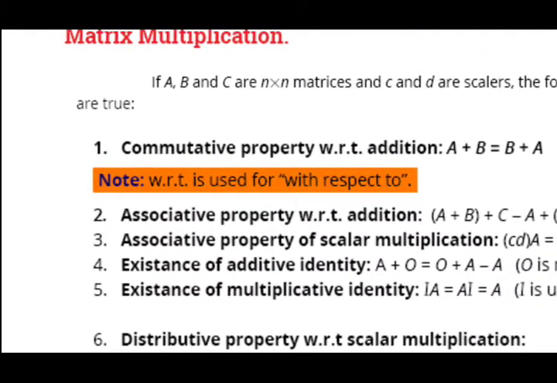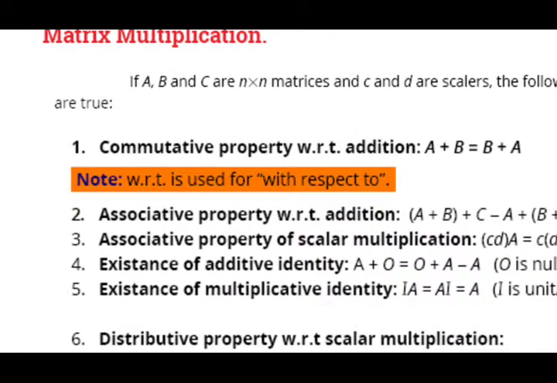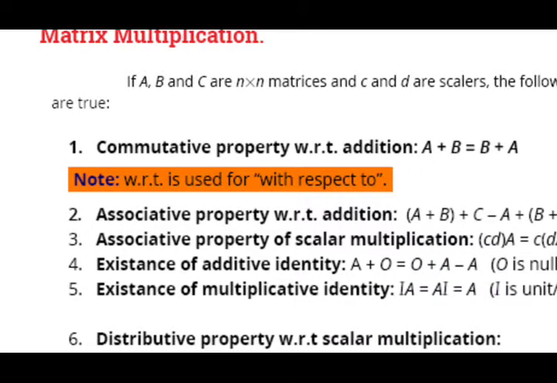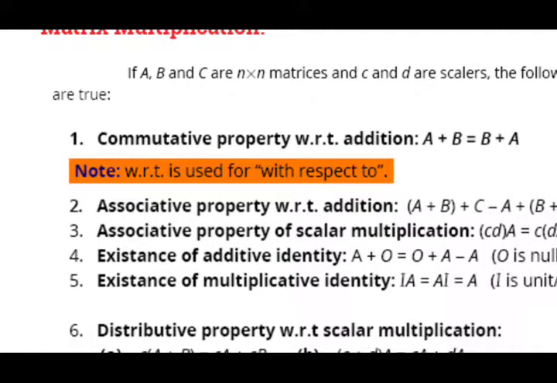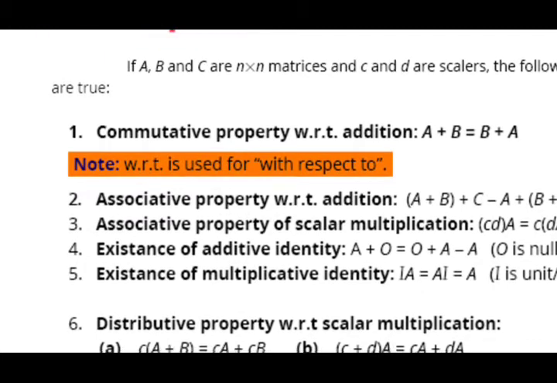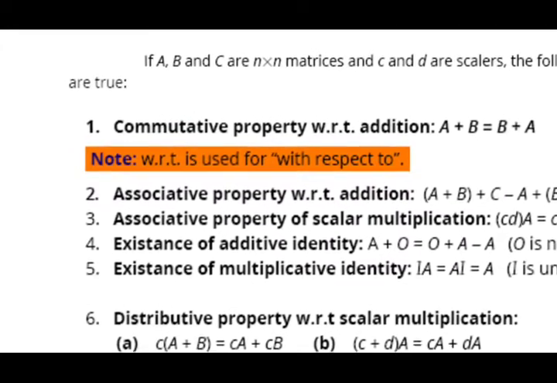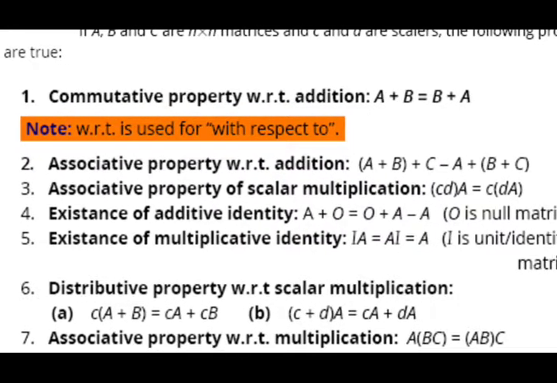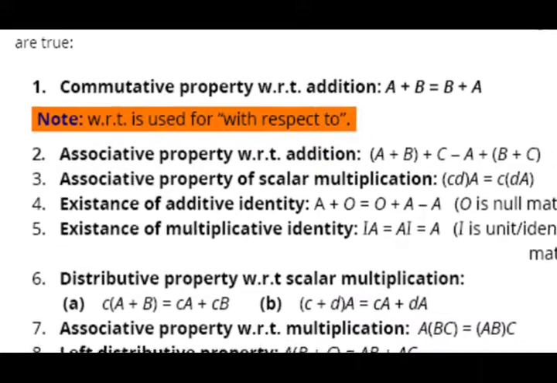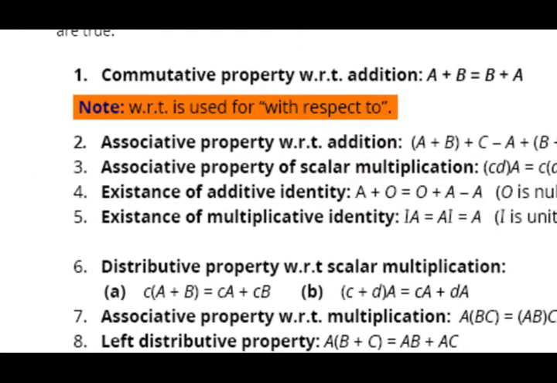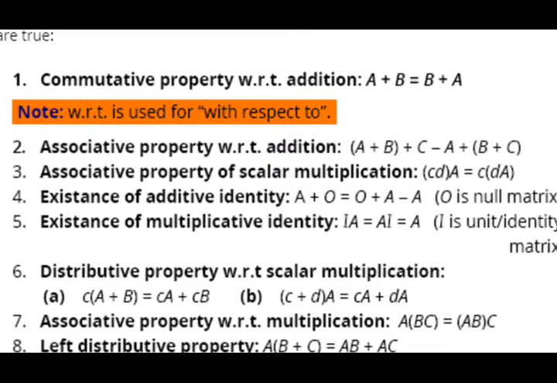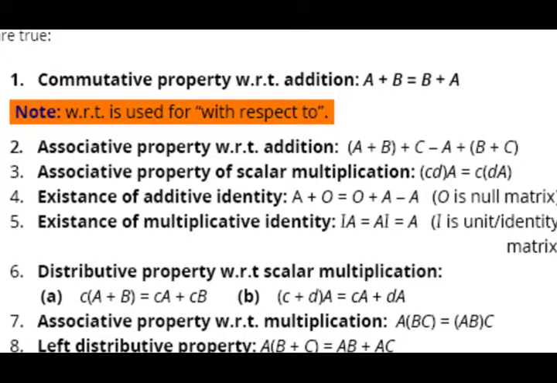Commutative property with respect to addition: if we add two matrices, A plus B or B plus A, it gives the same answer. WRT means with respect to. Associative property with respect to addition also is satisfied. Associative property of scalar multiplication. Scalar multiplication means we multiply a matrix with a number.